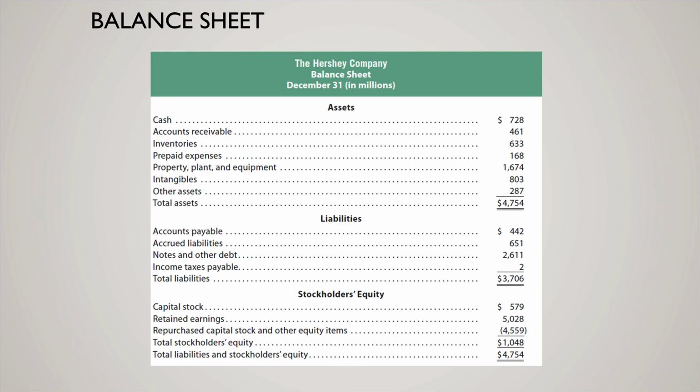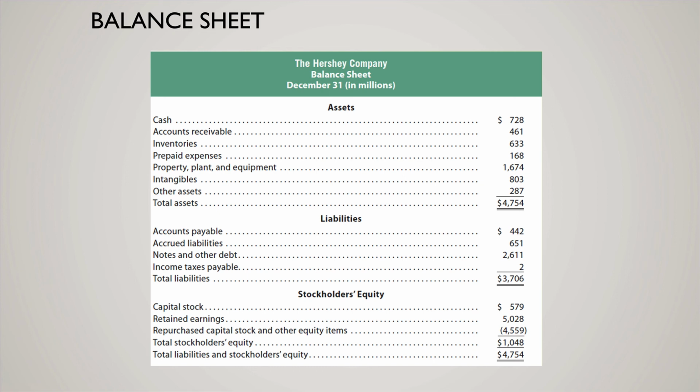If you add up the stockholders' equity and the liabilities, you get to this $4.7 billion number, which is the same as this $4.7 billion up here, and that is key. Okay, this is something that we are going to be practicing in the homework set, right? This is where the quantitative aspect of this class comes in.